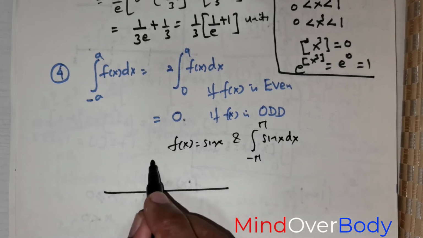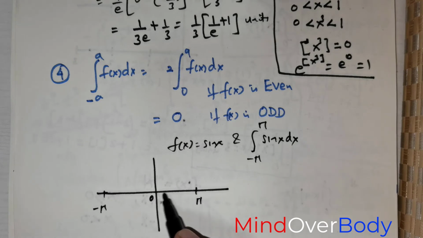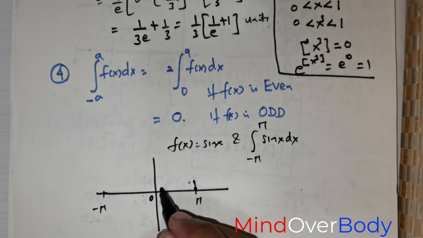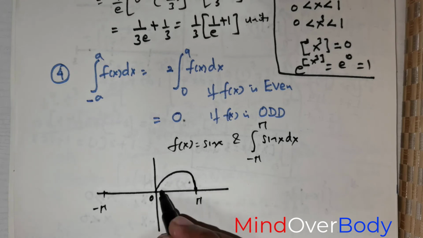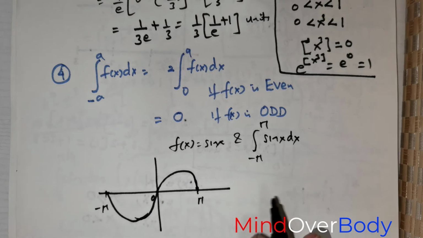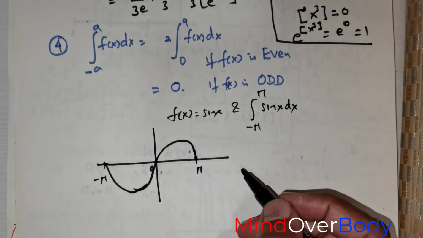Now if we were to draw the graph, this is 0, this is pi, this is negative pi. The graph would be something of this fashion. So this is the sine x wave curve.